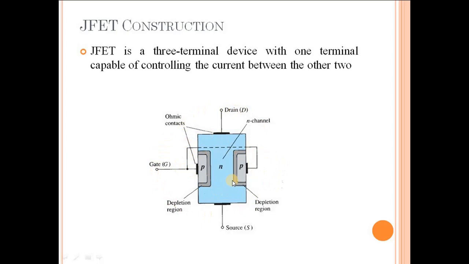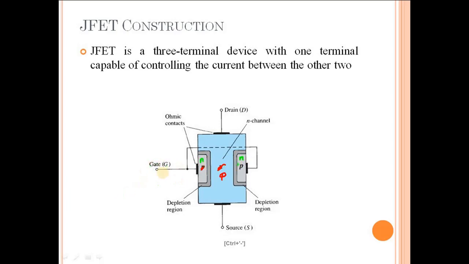Now when we talk of a p-channel JFET, the channel would have been a p-type channel, and these two embedded semiconductor layers would have been n-type materials.